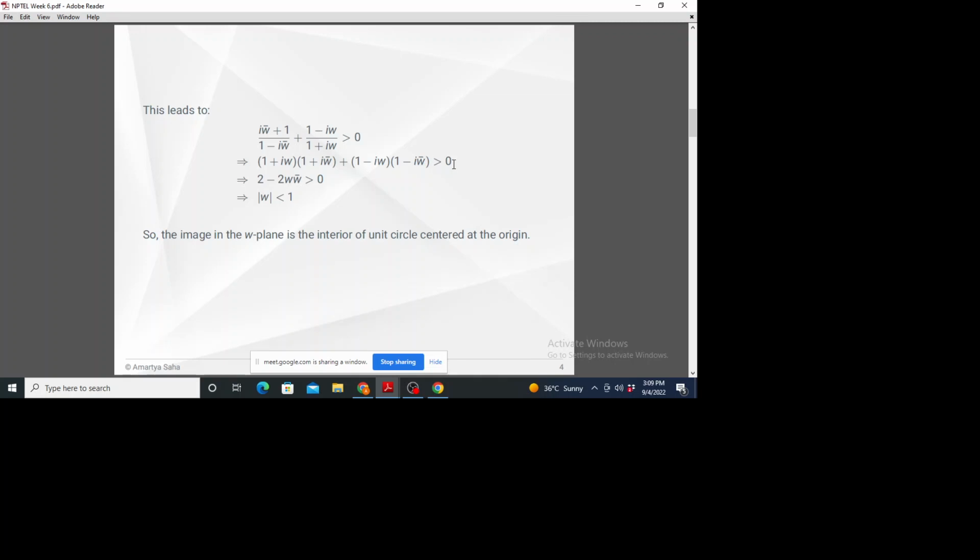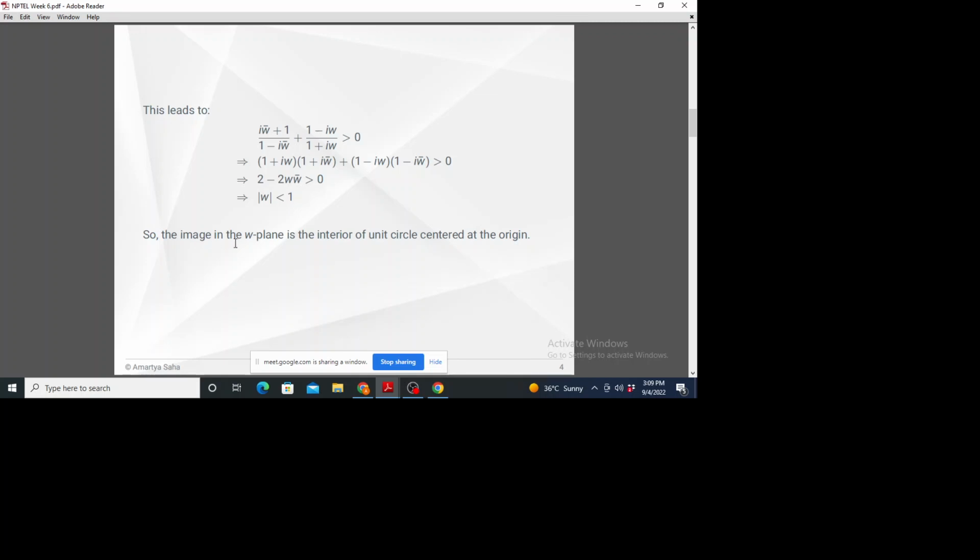That gives us this, and the denominator, which is the modulus of something, will be a positive quantity. So I have just thrown it out because the right hand side is 0, and after simplification we will get 2 minus 2|w|^2 greater than 0, and that means mod w is less than 1. So just simple algebraic manipulation.